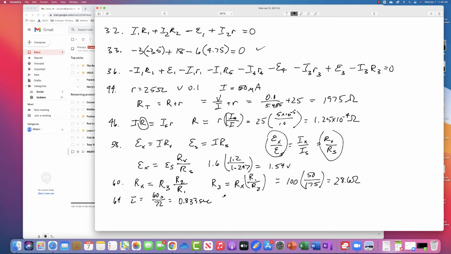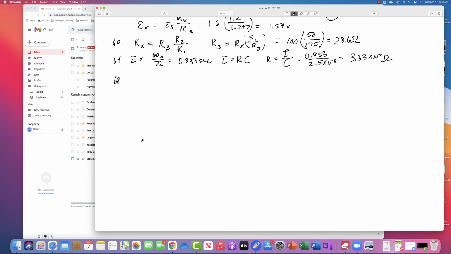Now tau also equals the resistance times the capacitance. So the resistance is equal to tau over the capacitance, which is 0.833 divided by 2.5 times 10 to the minus 8. And so the resistance is 3.33 times 10 to the plus 7.